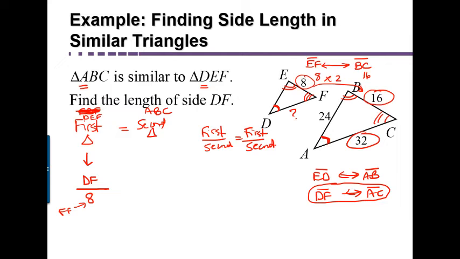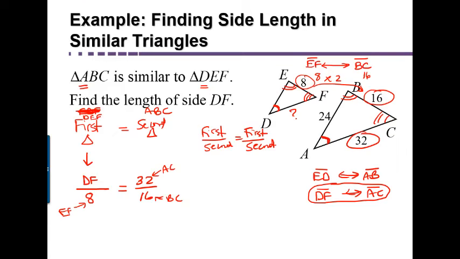Okay, so both of those came from the first triangle. And I'm going to set that equal to the corresponding side. So what side corresponds to DF? Well, AC corresponds to DF. So AC has a length of 32. That came from AC. And then what corresponds to EF? EF corresponds to BC, which had a length of 16.